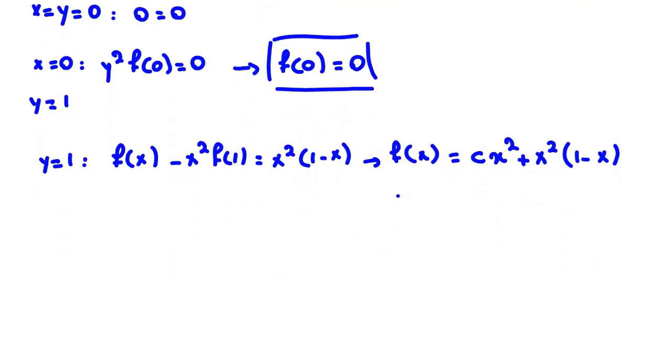Let's simplify it first. f of x equals x squared times c plus 1 minus x. So try the rest on your own.